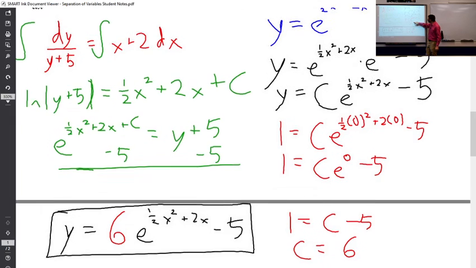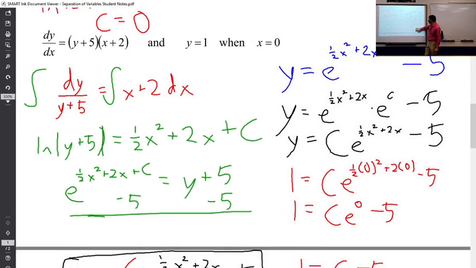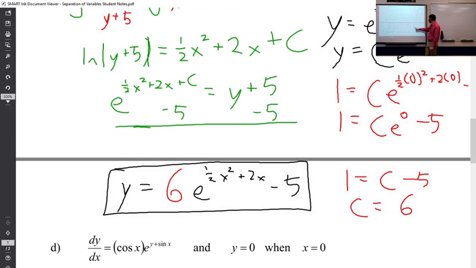And that's with our rules of exponents that let us separate out with the multiplication. And knowing that if I take that number and raise it to the power of a number, I still have some number. So that's what lets me put the c out in front. And then it's a lot easier to solve for c.